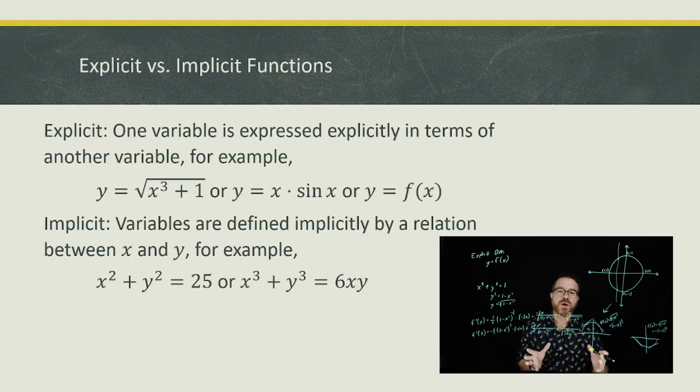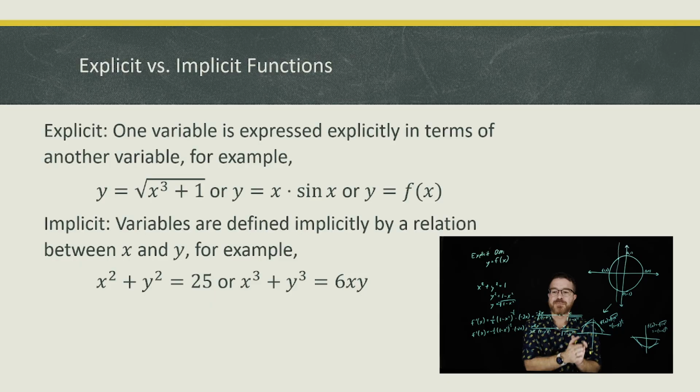So what do we mean when I talk about explicit versus implicit functions? An explicit function is one where a variable is expressed explicitly in terms of another variable. For example, we might have y equals the square root of x cubed plus 1, y equals x times sine of x, or y equals some function f of x. And notice that in every one of these, y is equal to something in terms of just the variable x.